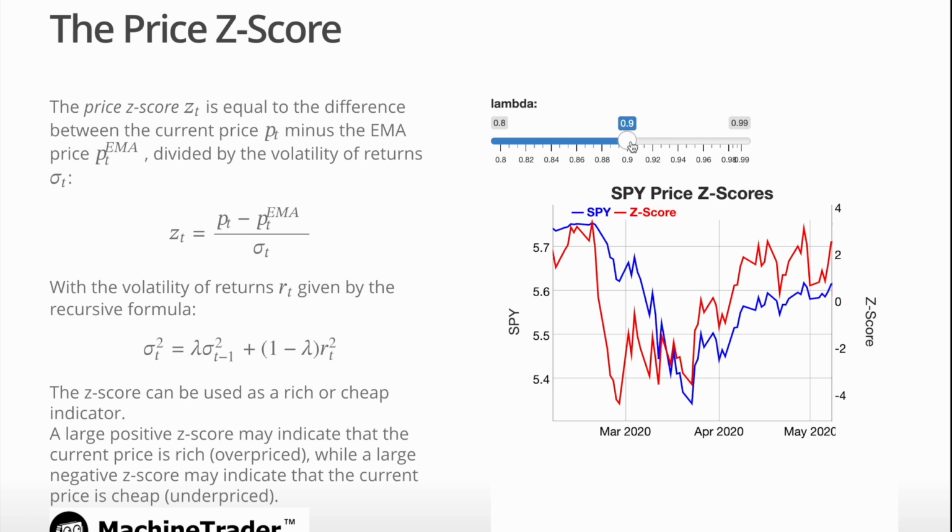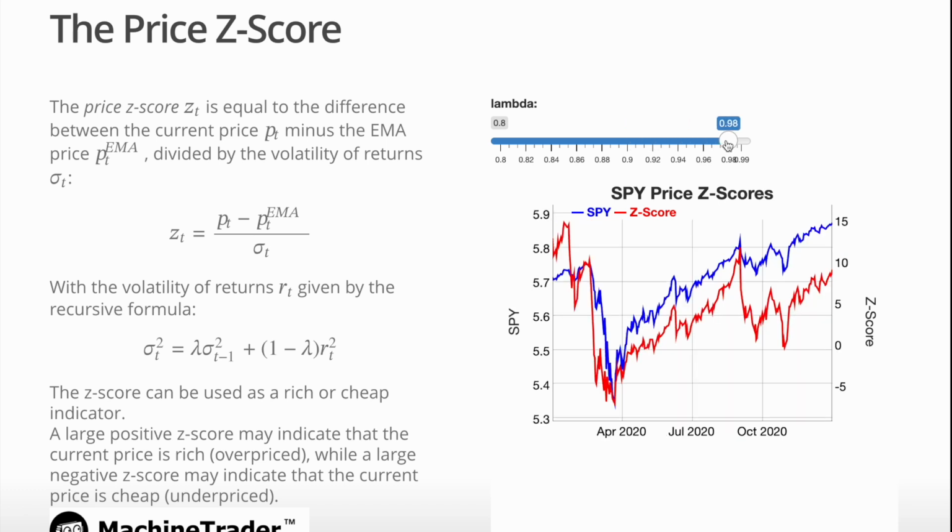And we can control the value of the z-score by changing the lambda parameter. If we increase the lambda parameter closer to 1, we can see that the z-score is less volatile, and it also has a much larger range in values.